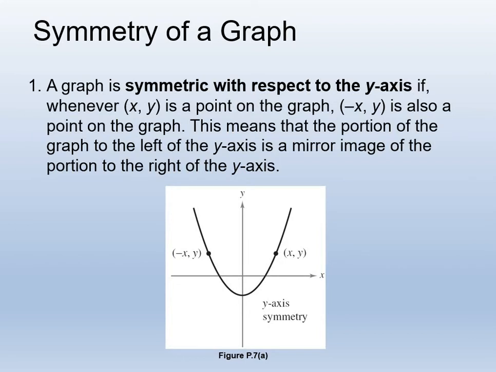We can also verify it with points. So if I take the point x, y, and you can see that on the graph here, and then I take the point -x, y, so I take the opposite of x, and I keep the same y value, this function will be symmetrical to the y-axis. There are going to be questions on your homework that ask you, is it symmetrical to the y-axis, the x-axis, or the origin?